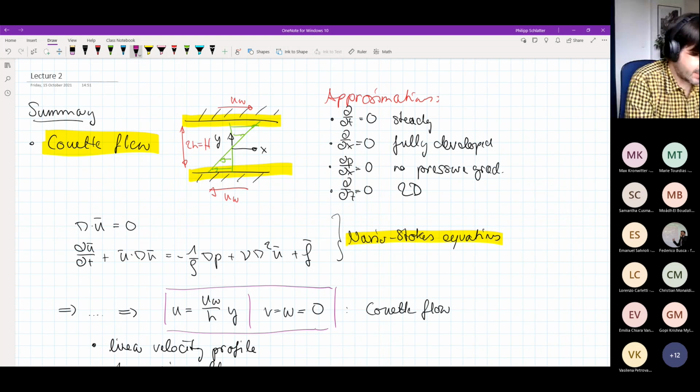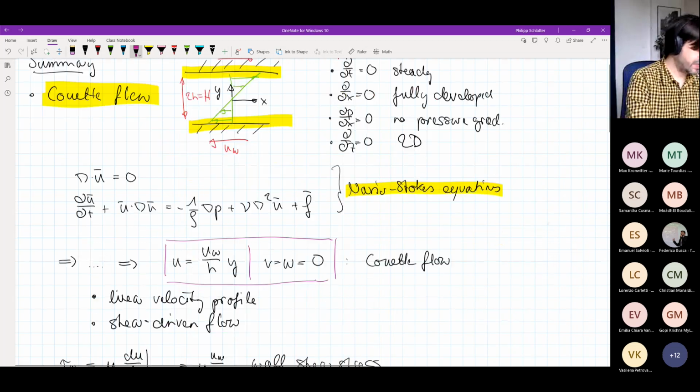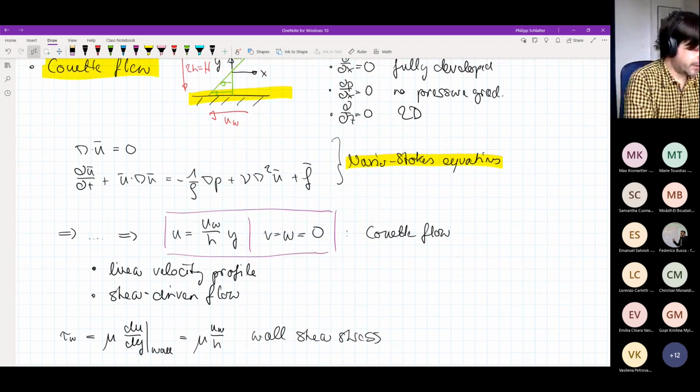So essentially, it means that you introduce momentum in the flow from the two walls, and then the viscosity redistributes or diffuses this momentum that we introduce towards the center of the channel where the two sides merge. So that's the physical idea behind it.